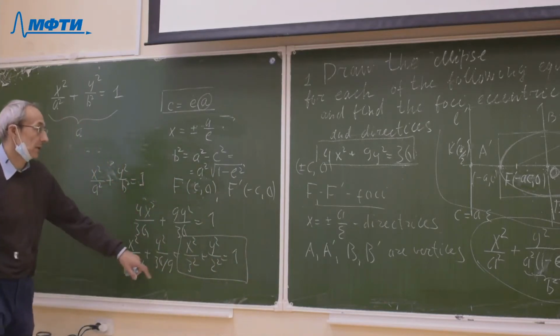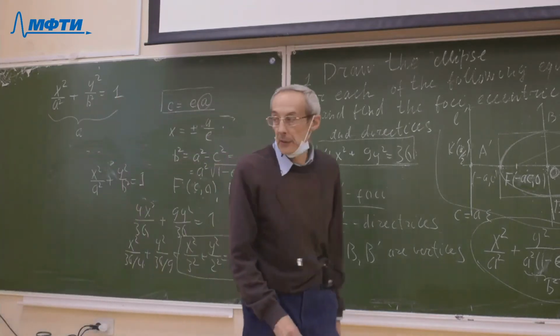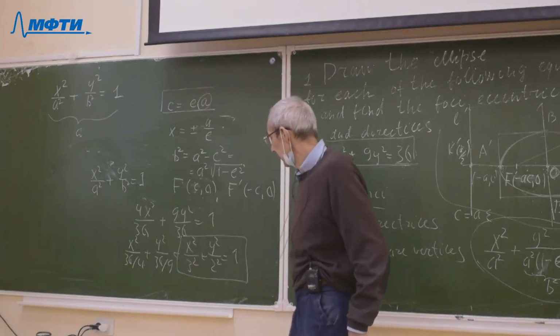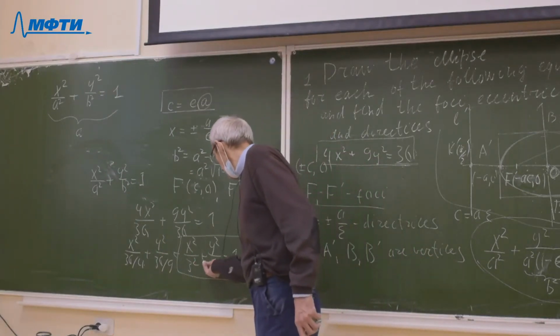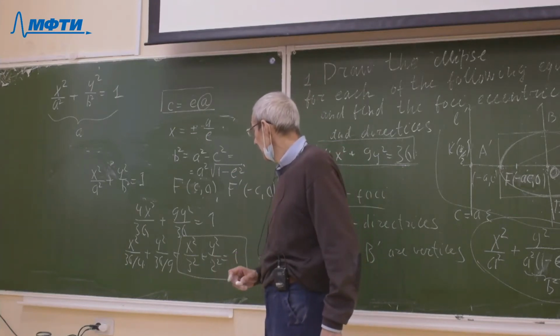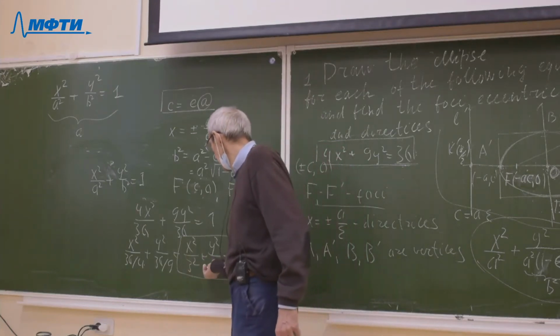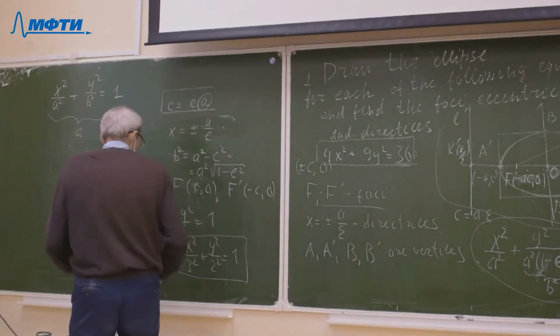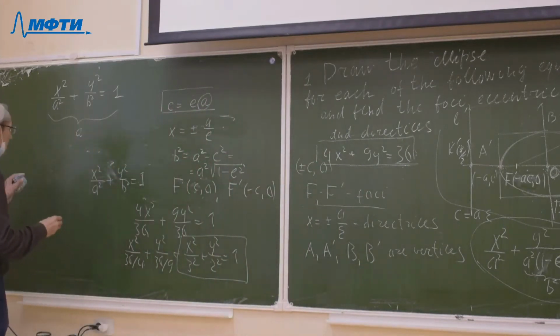And we rewrite this equation in the following canonical form. Easy to see that we obtain the values for a and b. In this equation, a is equal to 3 and b is equal to 2.